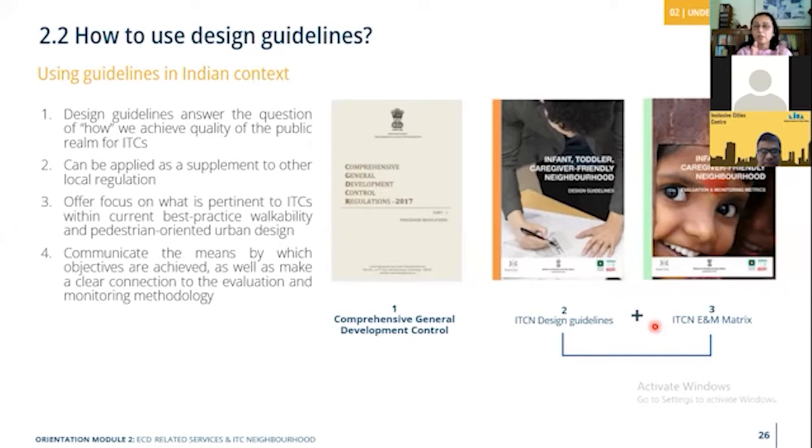Now, here the guidelines, we have a guideline document, you are all aware of that. That will work closely with the ENM matrix, through which you can measure the quality through the matrix, come back, use the guidelines, and I will also keep explaining how this is done. But for our understanding, these two documents are tied with each other.